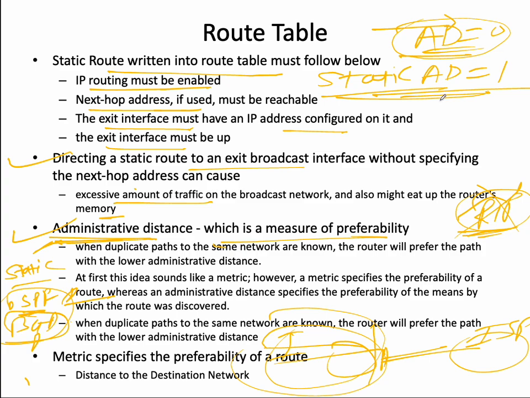But again, it becomes too complex to manage, and that's why we mostly don't use it, and that's why we need dynamic routing protocols. For dynamic routing protocols, the RIP administrative distance is 120, OSPF administrative distance is 110. So don't worry, we'll learn that in dynamic protocols.